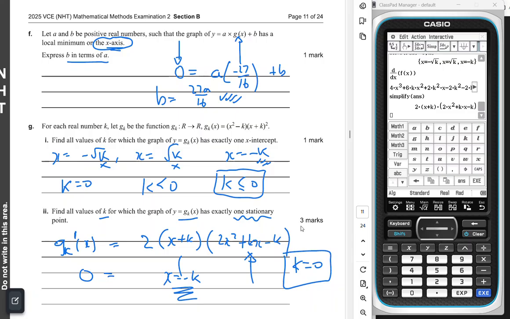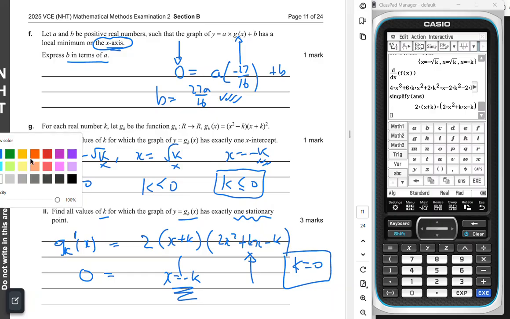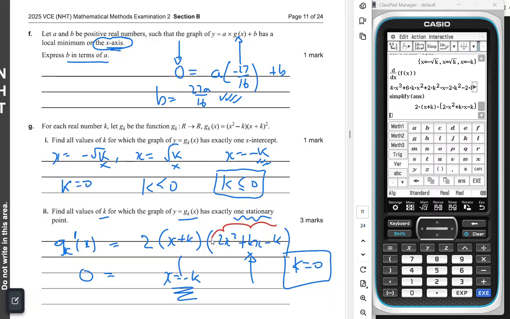Now, I will only have 1 when, using the quadratic formula, the part in here is never equal, doesn't exist. So therefore I want the discriminant to be less than 0.